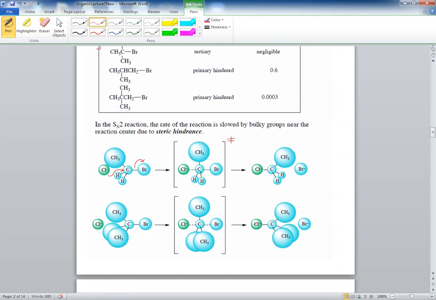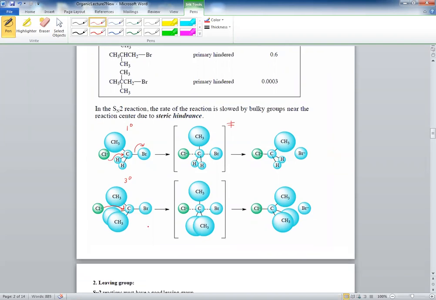However, look now when we go to the tertiary. So this is a primary alkyl halide, and this is, of course, the tertiary. Look at the tertiary. Look how huge these groups are. So you have steric hindrance. The attack doesn't even have a chance to take place.